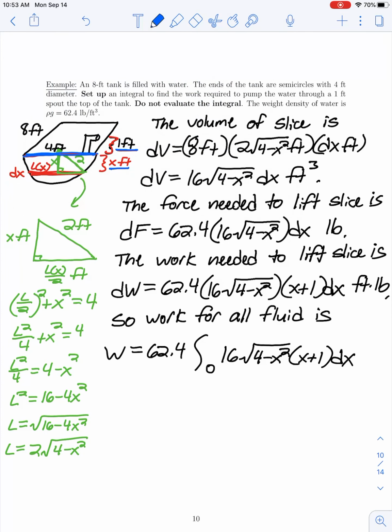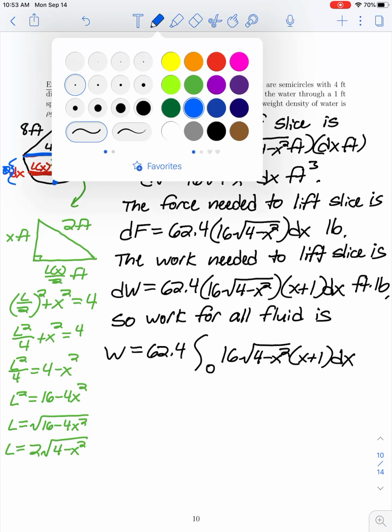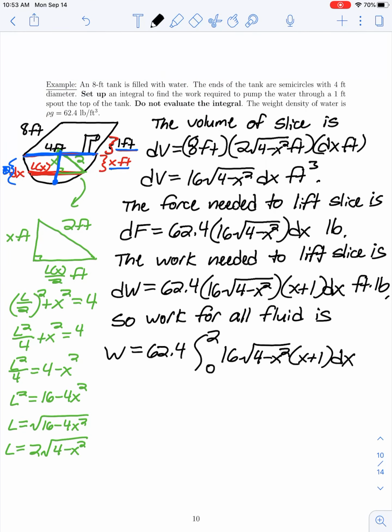And then I can go all the way down to the bottom of my tank, which would correspond to the radius of this semicircle. Since we had a diameter of 4 feet along the top, the radius, or the depth of our tank, would be 2 feet. So we could integrate here from 0 to 2. And this would be measured in foot-pounds.